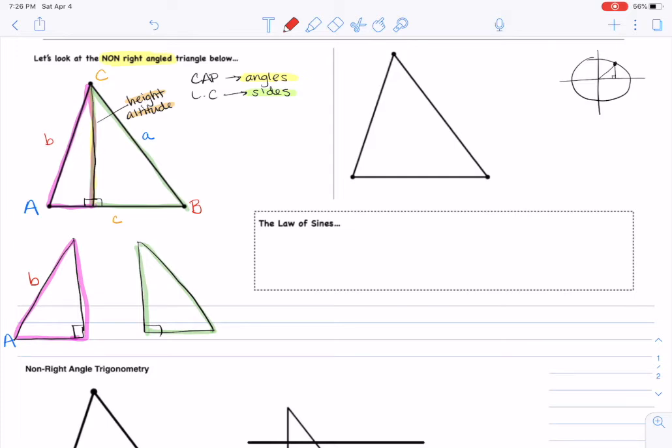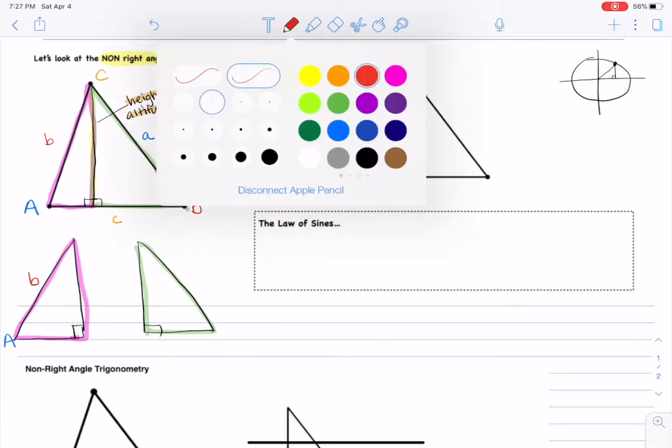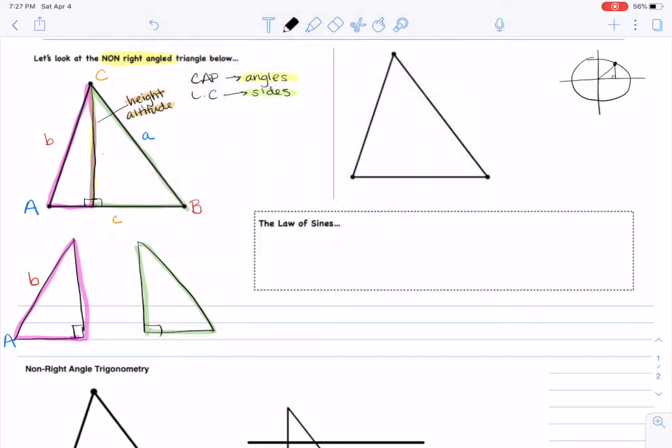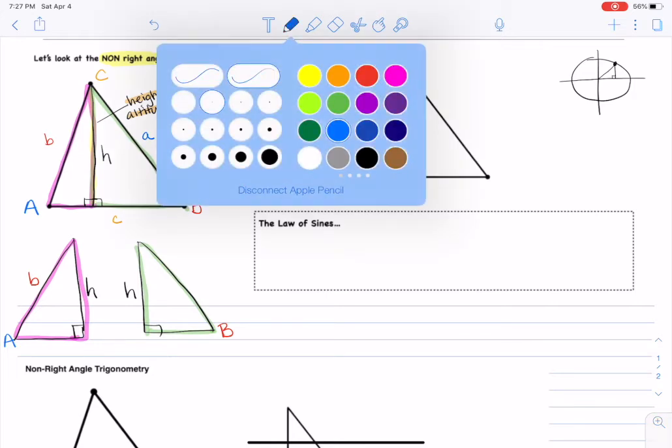I can't really mark C because notice that the angle kind of got chopped, so I can't really name that. I don't know the full length of the base down here, so I can't name that. But since I introduced this length right here, I'm going to call that H for height, and I'm going to make that a part of the triangle. And then same over here, I can call this H. Down here in the bottom right, I can call this capital B.